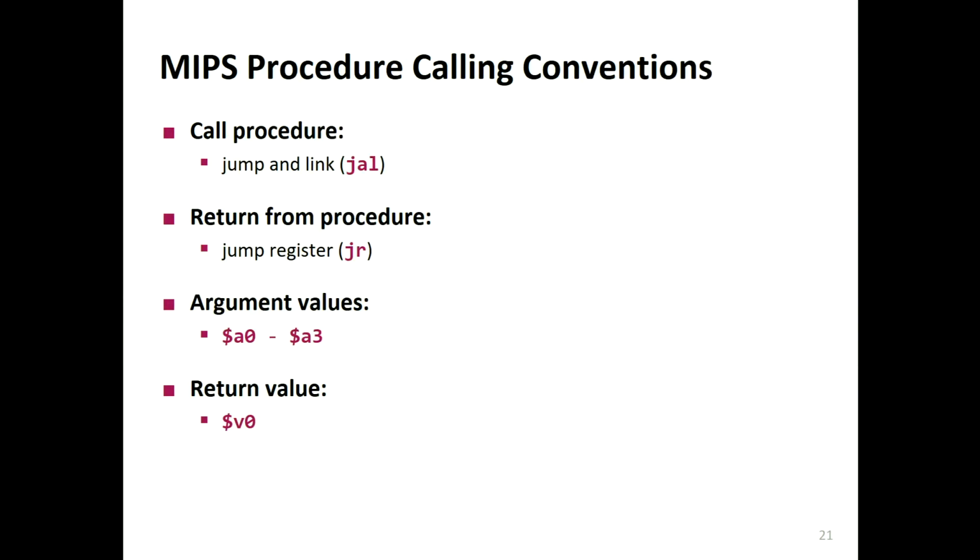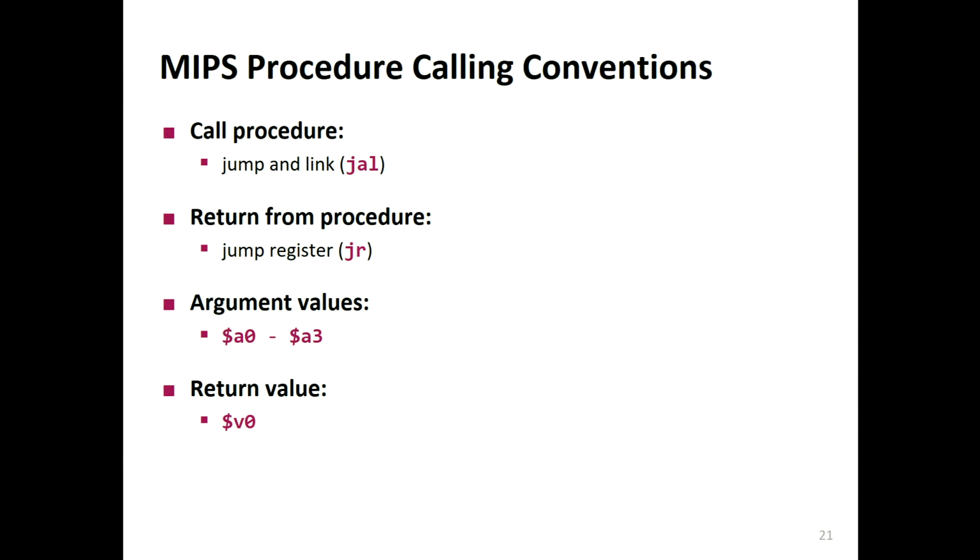Right. So here are some calling conventions for MIPS. The call procedure, jump and link, return from procedure, jump register, argument values, and return value. Jump and link simply is the instruction you will use when you're calling a particular procedure. JR, jump register, is the instruction you will use when you're returning to the function that has called you.